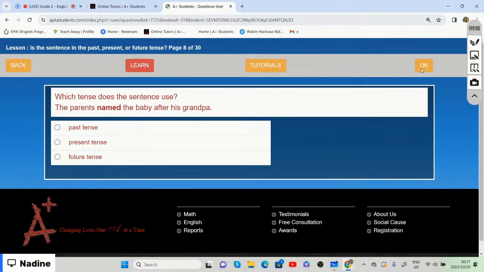So named ends in ed, right? The parents named the baby after his grandpa, which means that when the baby was born, they gave the baby a name, which is in the past.